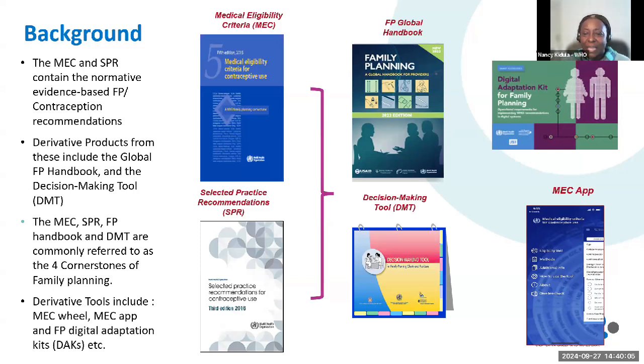In other words, what we are saying is that the service provider does not really need to go through the MEC and the SPR. What we have done is distill what you have in these 2 main documents and then give you details in the handbook. If you are counseling, we have details in the decision-making tool. And then what you use when you are with the patient or with the client are either the DAK, the wheel, or the app for direct use when you are with the client.